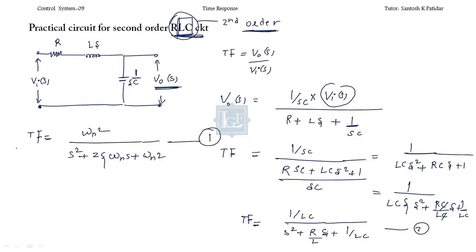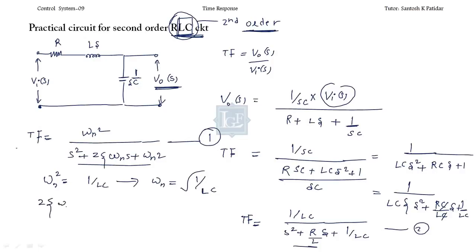Now you can compare these two equations. Both are the transfer function of the second order system. So here omega n will be, just compare this characteristic equation to this equation. So this omega n square is nothing but 1 by LC, correct? So your omega n will be under root 1 by LC, correct? Now let's find the damping ratio.